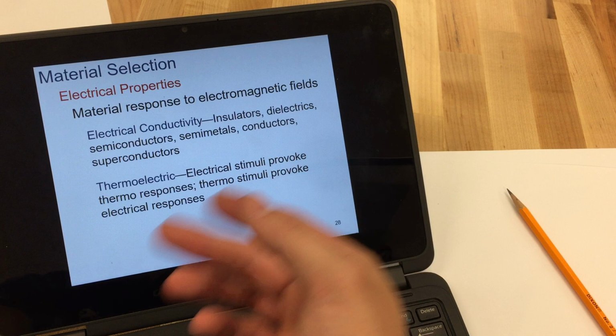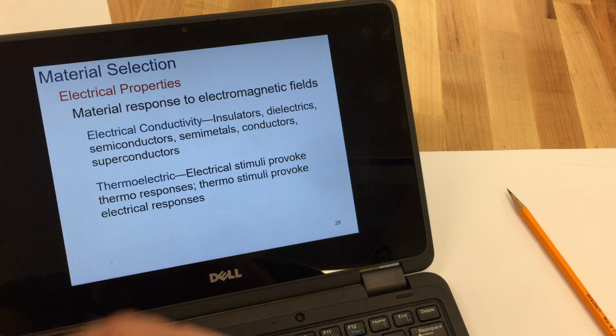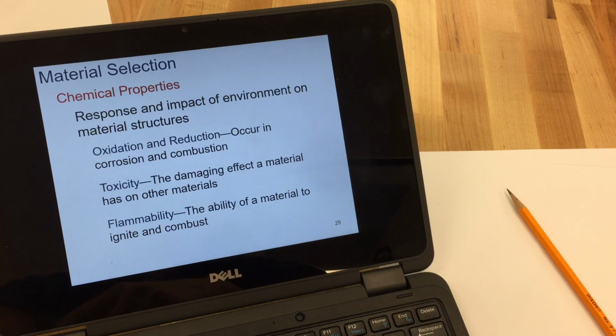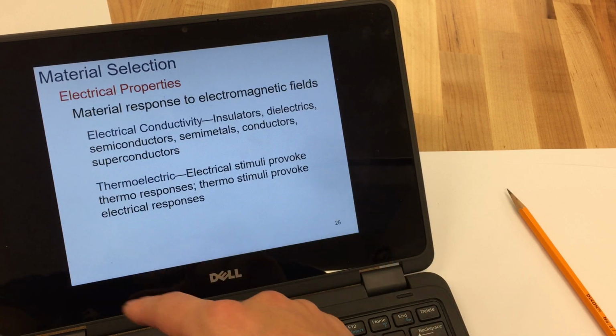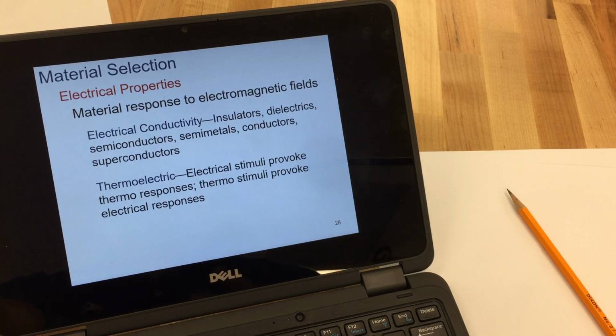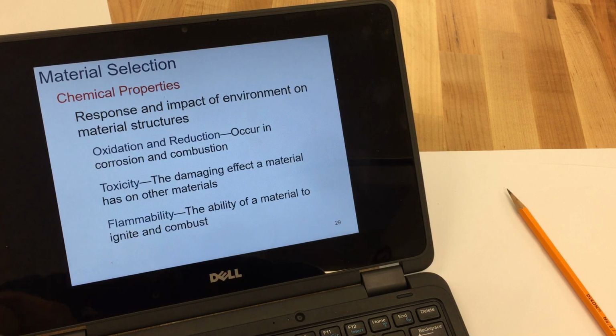Electrical properties, so conductivity, insulators, semiconductors. Thermoelectric means thermal responses from electrical. So do we get any heat from the electricity, things like that? Chemical, oxidation and reduction. Metal oxidizes, iron, rust, that's oxidation.